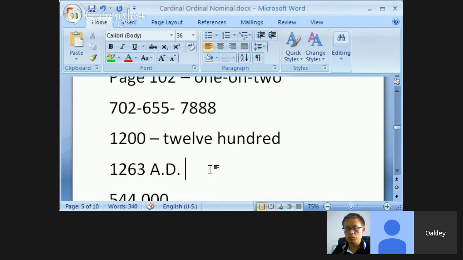No. English speakers would express this as 1263. You would never hear somebody in English saying "in the year 1,263." Just really, I'm telling you right now, never. We never say it that way.